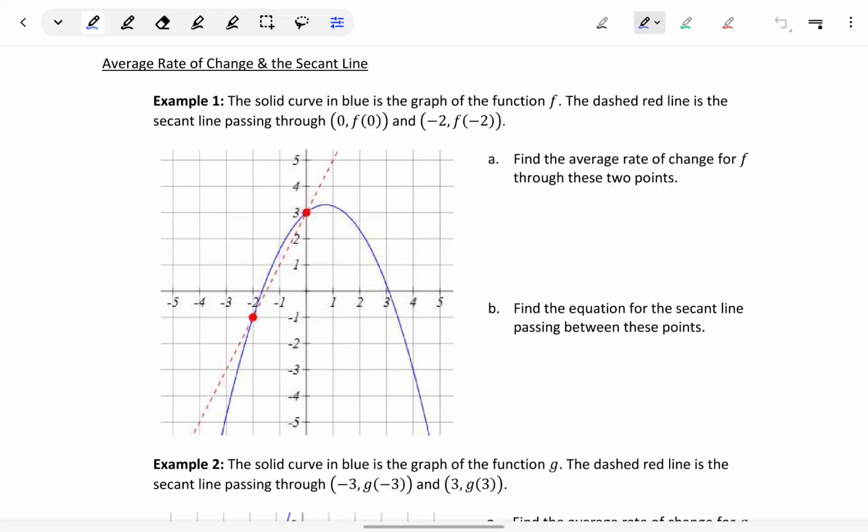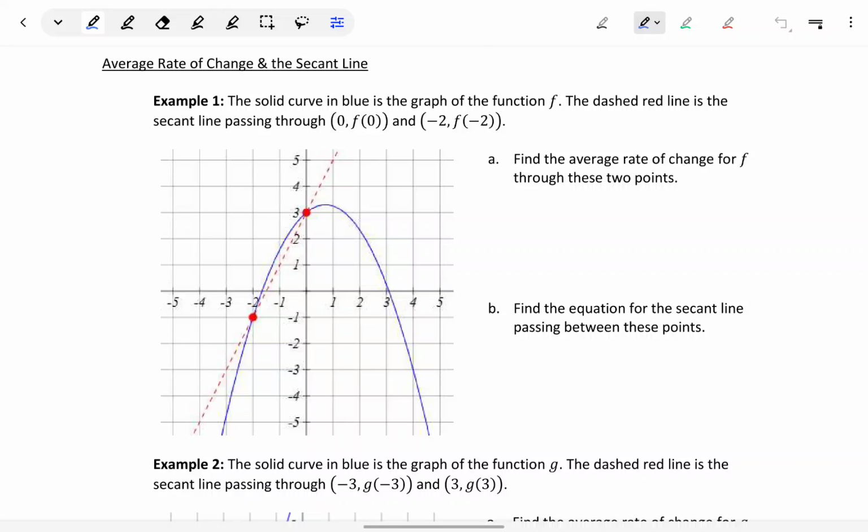So the secant line is constructed by choosing any 2 points along the curve and connecting those with a straight line. We can find the equation for that line, we can find the slope of that line, and the slope of that line gives us the average rate of change of our function over that range of x values.